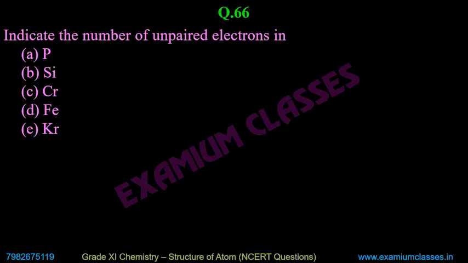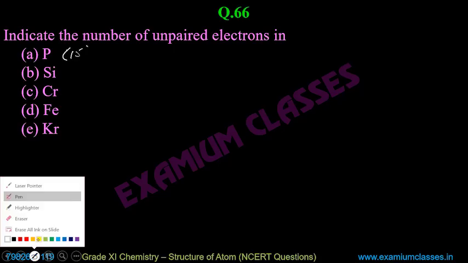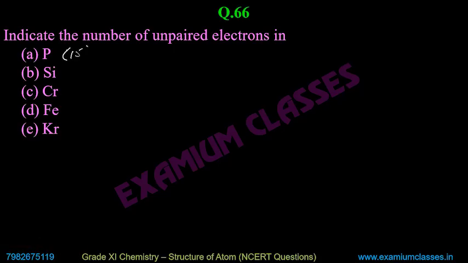You will write the outermost electronic configuration. Phosphorus has atomic number 15, so you will write 1s2, 2s2, 2p6, 3s2, 3p3. 15 electrons total.